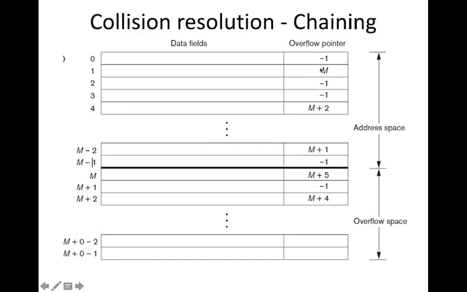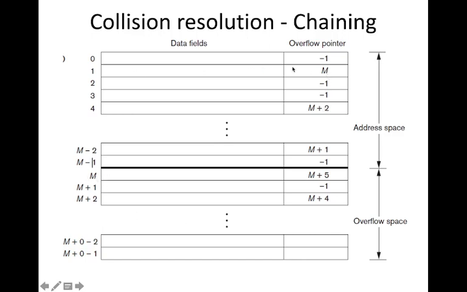In each record there will be an overflow pointer. If another record has a collision with this one, we will store the address of the overflow record here. So M is in the overflow space.